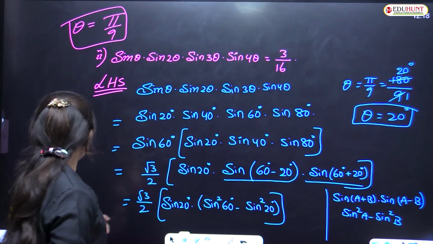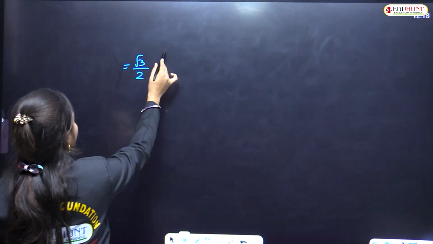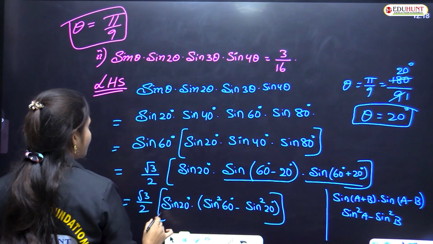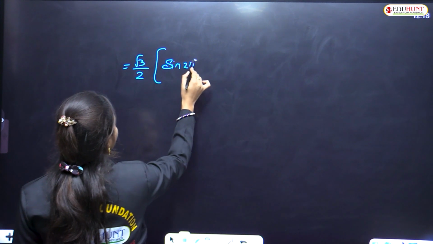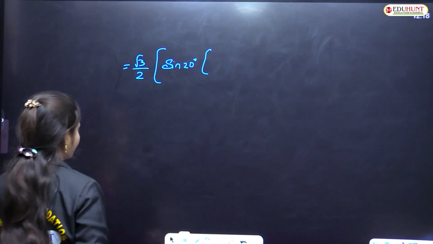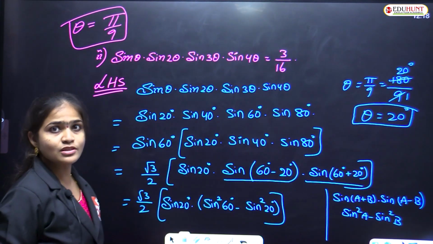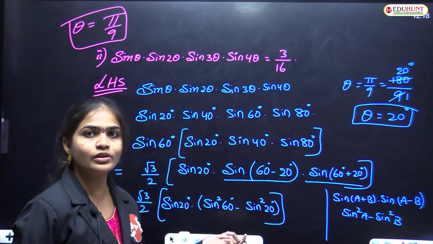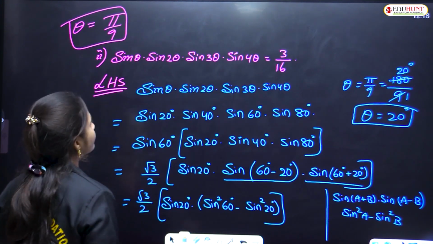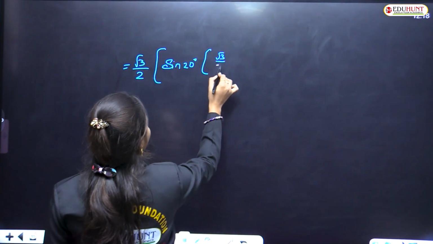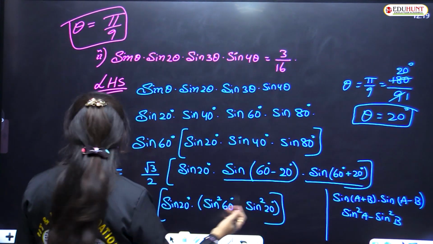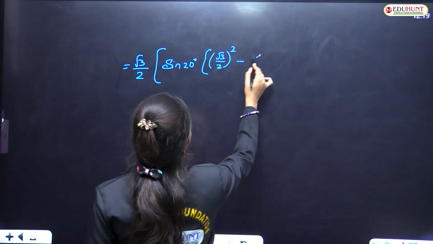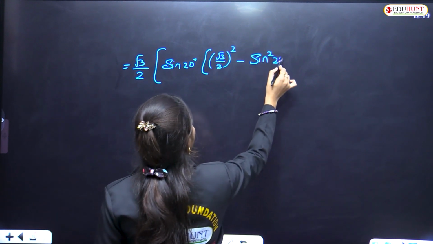Yes. Now this equals root 3 by 2 into sin 20 degrees into sin square 60 degrees, and sin square 60 degrees means root 3 by 2 whole square, minus sin square 20 degrees.